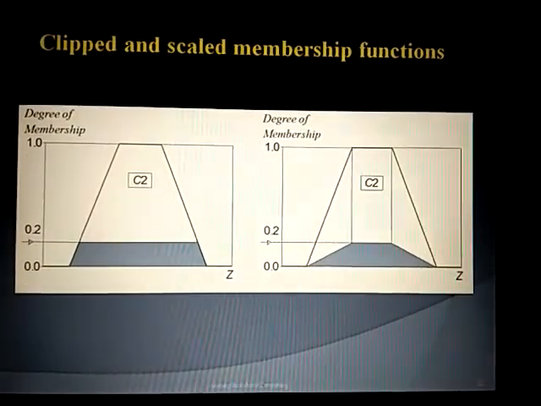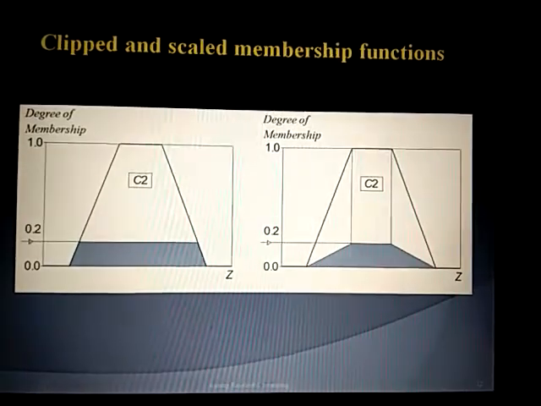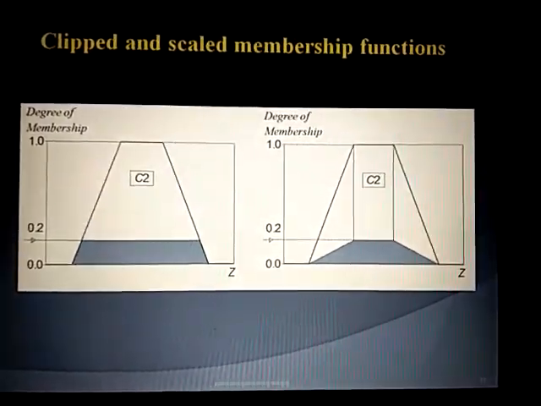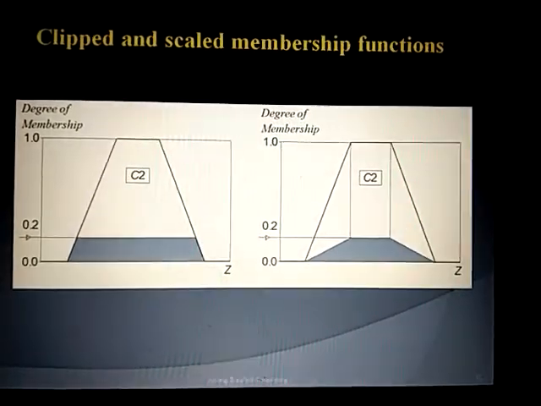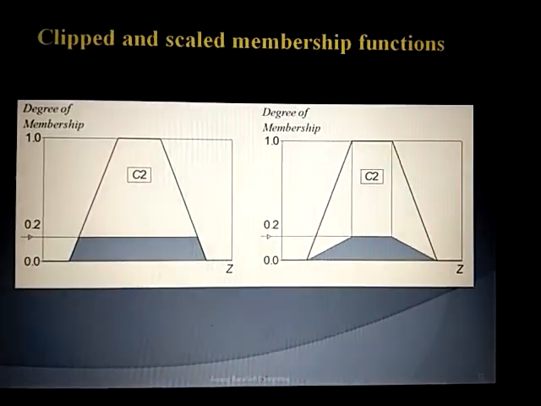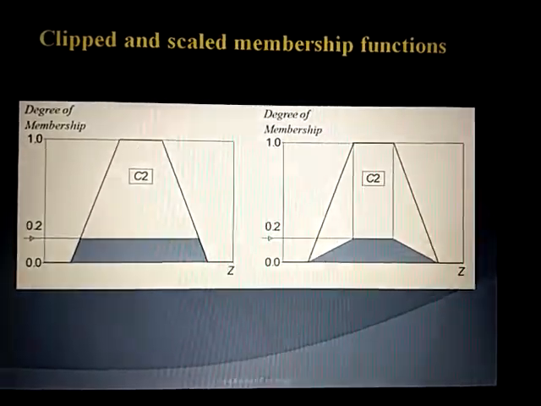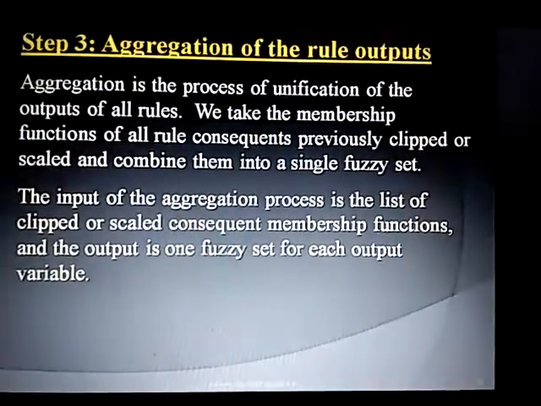That is the clipped and scaled membership function. Here is the degree of membership, the membership function from 0 to 1, and that is the value of z, and here we define the degree of membership function using clipped and scaled membership functions.